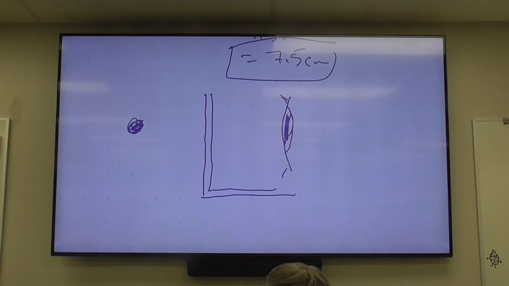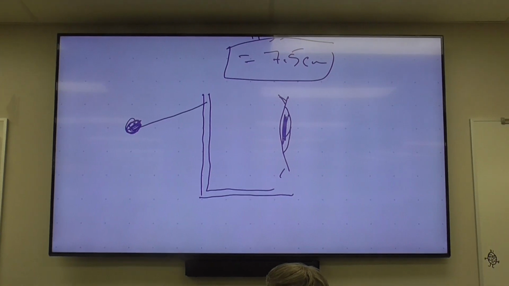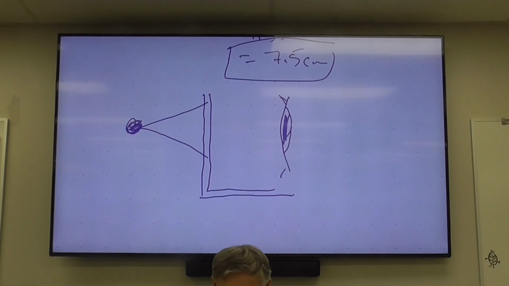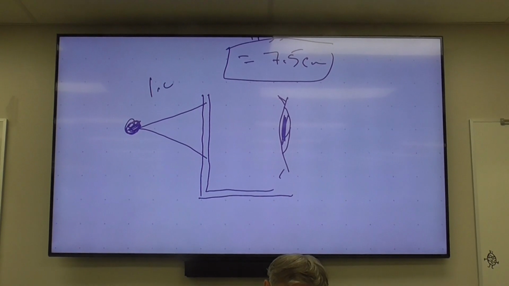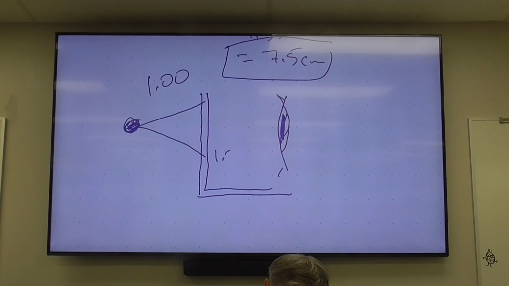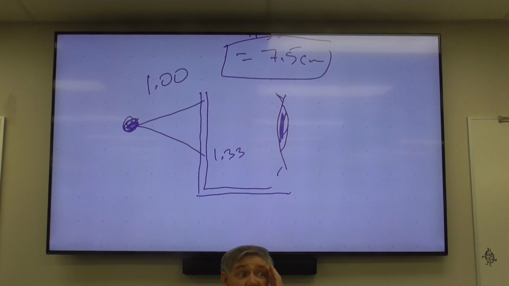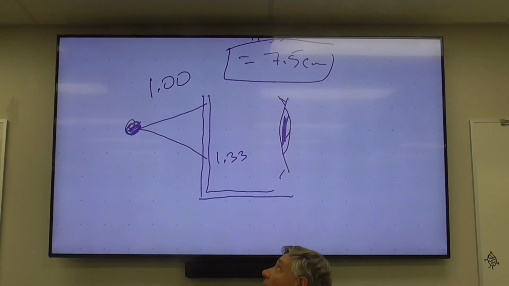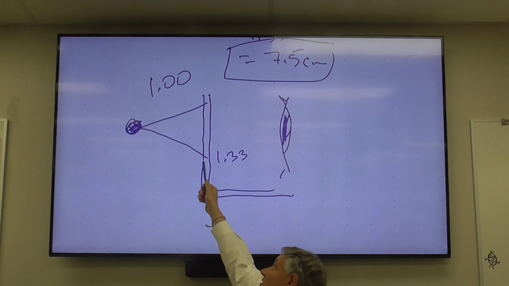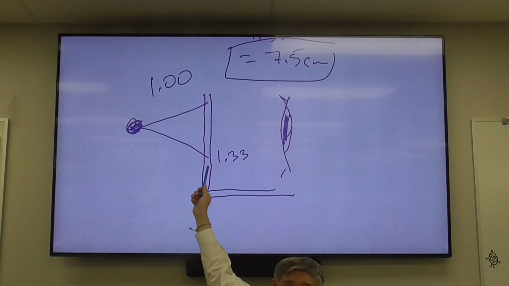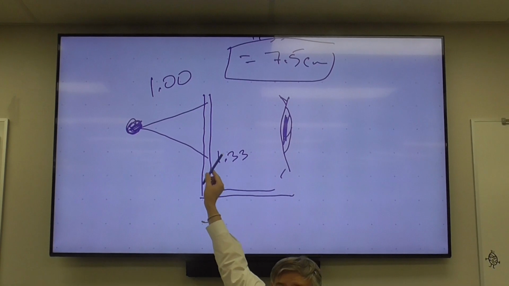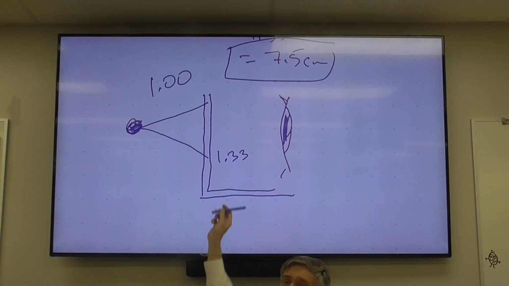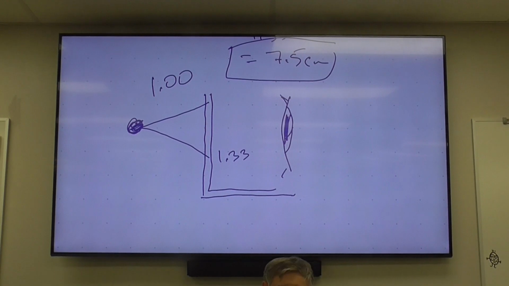So when this comes in, you're going to go from an index of refraction of 1 to an index of refraction of 1.33. Okay? So when it hits this more optically dense medium, which direction is it going to get bent? Closer to the center, further away? Closer to the center.